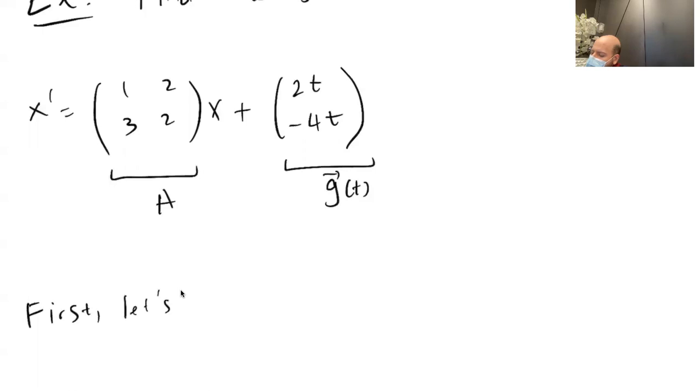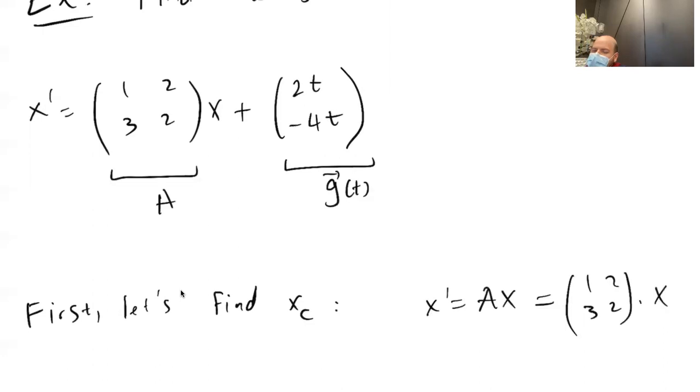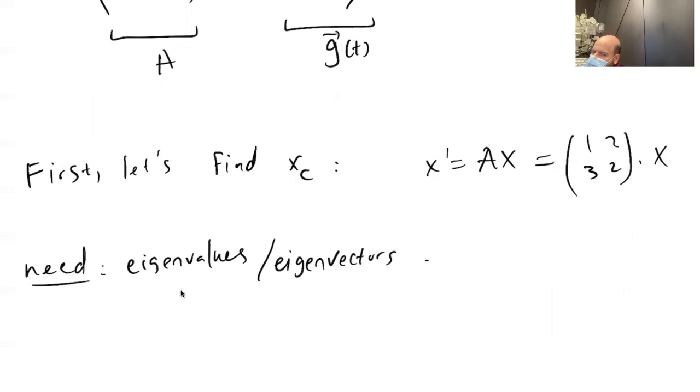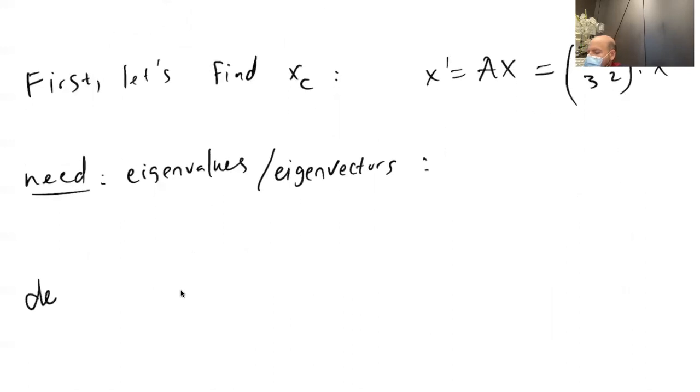So first, let's find xc. For xc, I need to consider x prime equals Ax, which is the matrix [1, 2; 3, 2] times x. How do I solve this? First, I need the eigenvalues and eigenvectors. So I need to solve determinant of A minus lambda I equals 0.